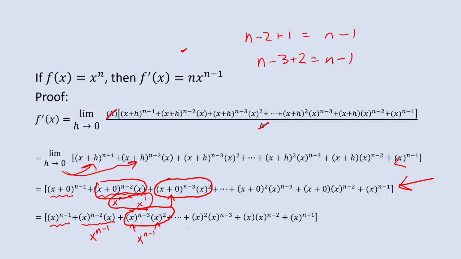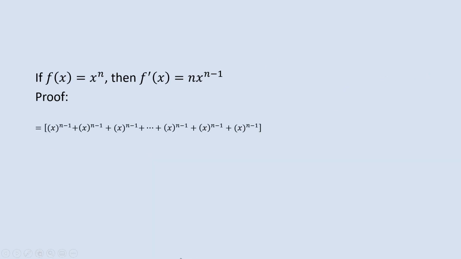Similarly, this next term, we've got powers with like bases, so I can add the exponents together. I get 2 plus n minus 3, which ultimately equals n minus 1.